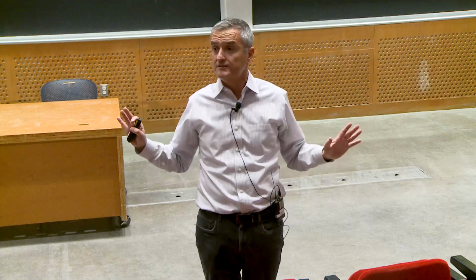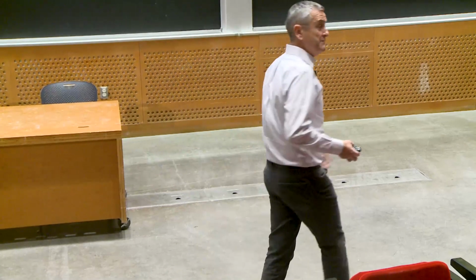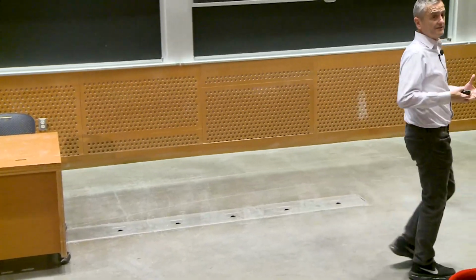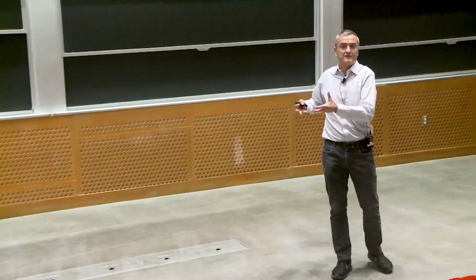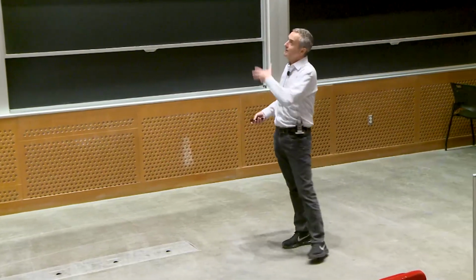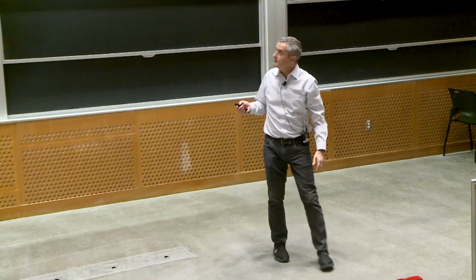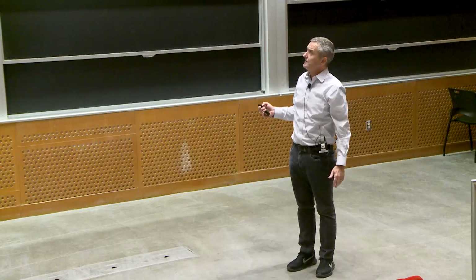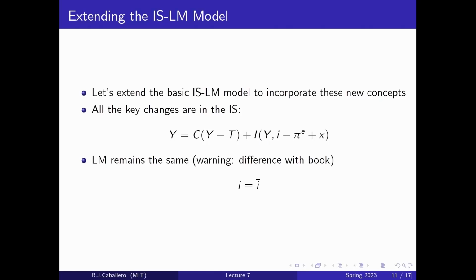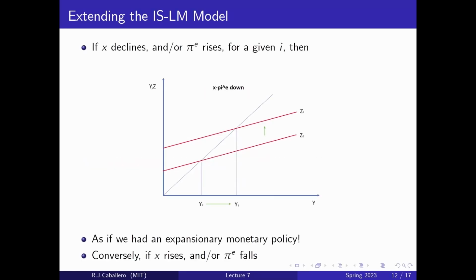They're entirely symmetric, because that's a cost of capital channel for the firm. They're all entering exactly through the same place. But the Fed doesn't control this. It controls only the nominal interest rate. So these are new parameters here.